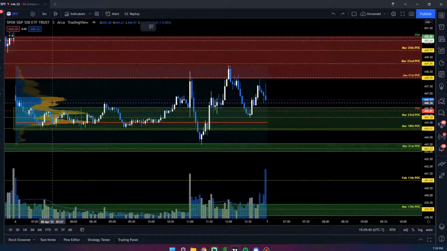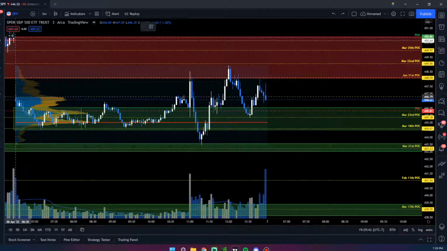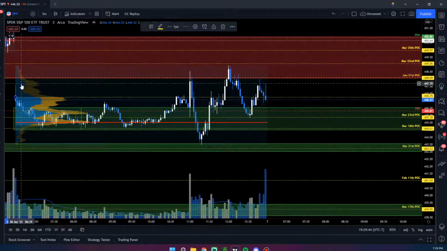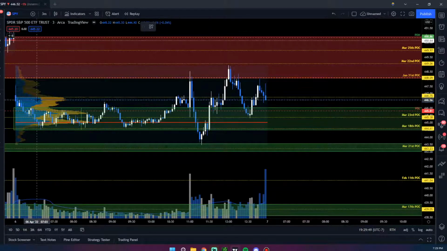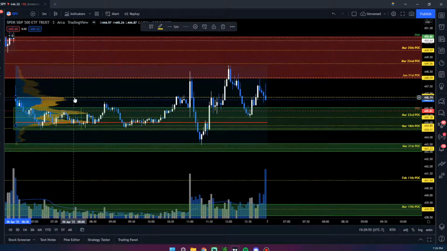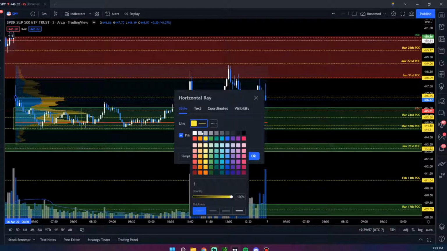My volume profile has an area that's shaded darker and an area that's highlighted. I don't normally draw lines on these, but I'm just doing it for visibility's sake.